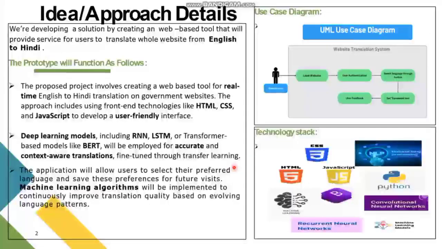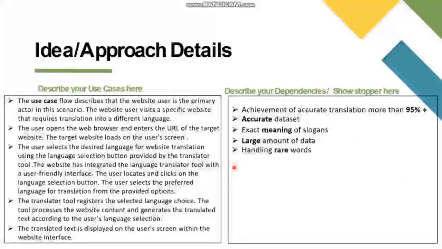I will be talking about the technologies that we have used in detail in a later part of the video. Let's now focus on the use cases and the dependencies. The use case flow describes that the website user is the primary actor in this scenario. The website user visits a specific website that requires translation into a different language.